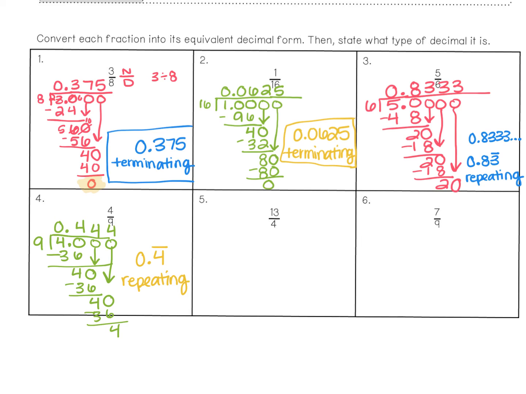Now I'm going to teach you a trick. Whenever you have a single digit numerator over 9, it just ends up being that digit repeating. So a single digit numerator over 9 will always be that digit repeating behind the decimal.